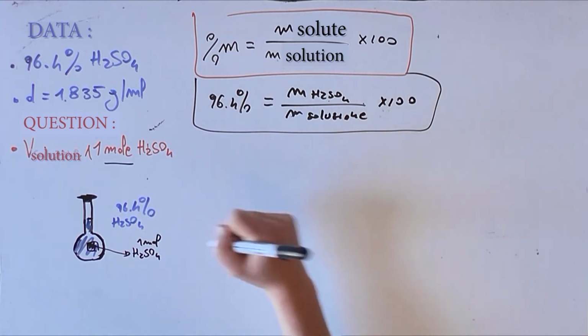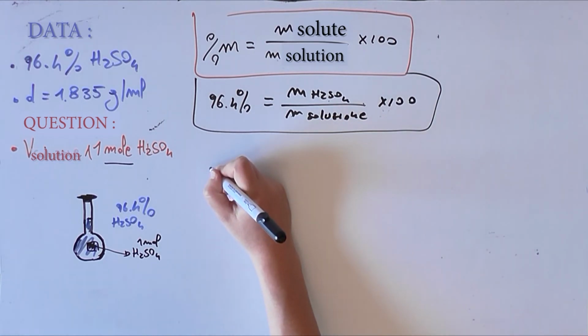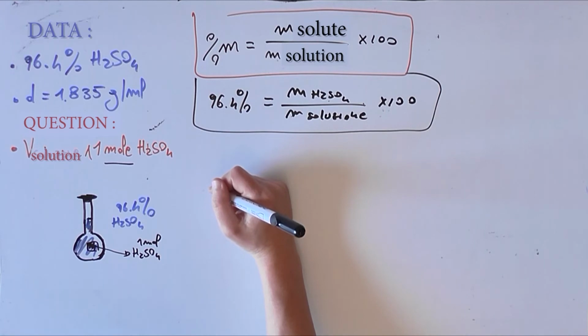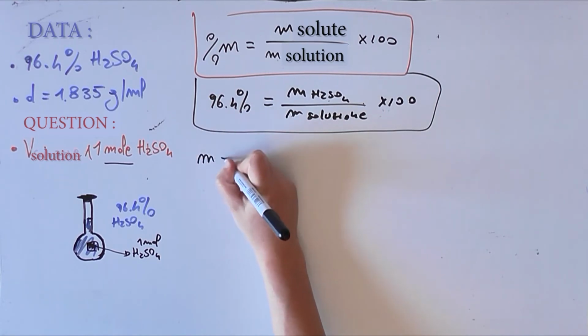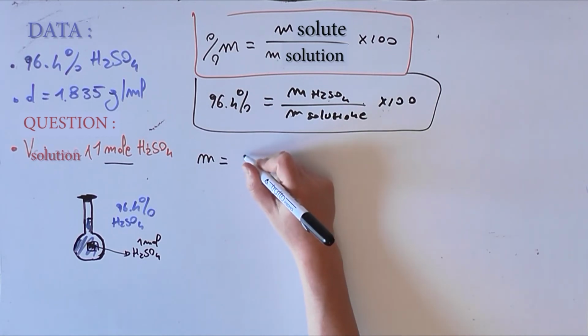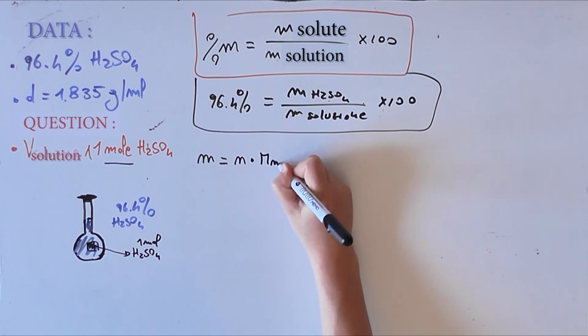So now I can calculate the mass of sulfuric acid using the concept of mole. So how can we calculate the mass of 1 mole of something? We can do that using the molar mass. So we know that the mass of something equals the mole times the molar mass.